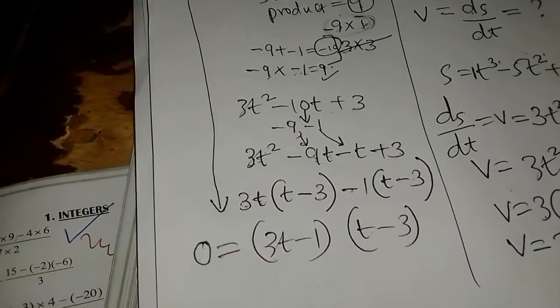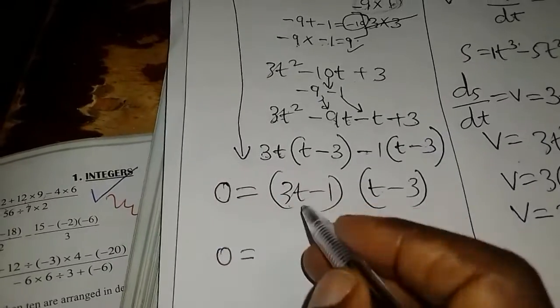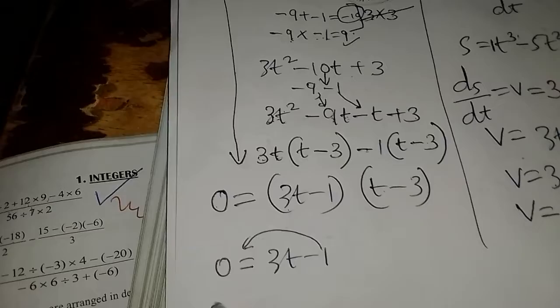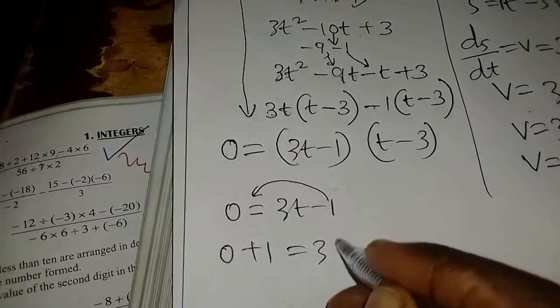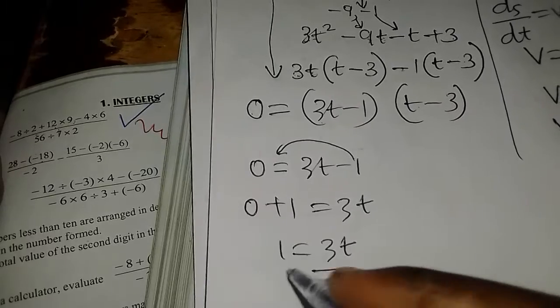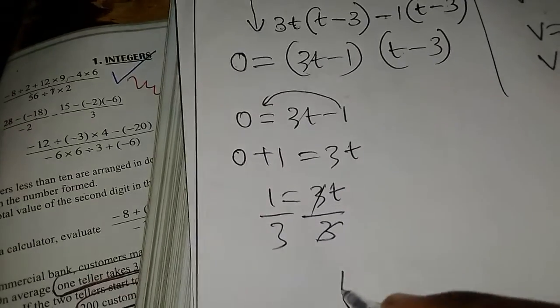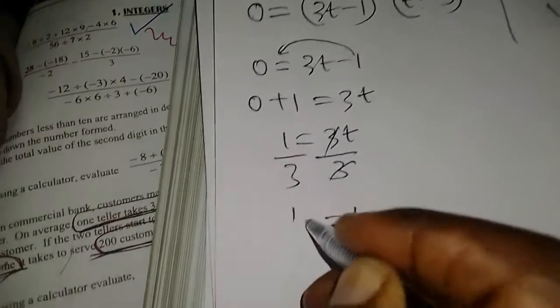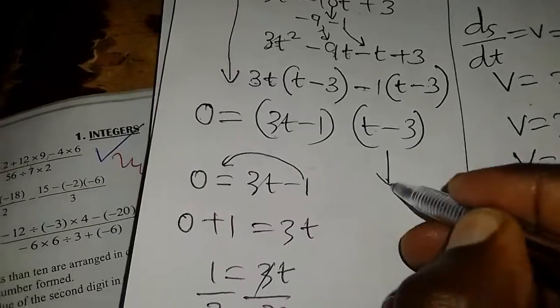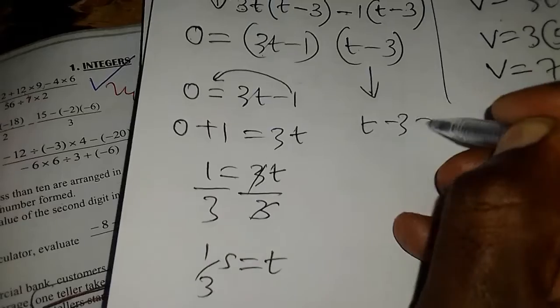So I'll say 0 is equal to 3t minus 1. I'll take this to the other side. So I'll have 0 plus 1 is equal to 3t. So 1 is equal to 3t. So I divide by 3, I divide by 3. So that means the first time when the particle is at rest is actually 1 over 3 seconds. Then the next one, t minus 3 is equal to 0.